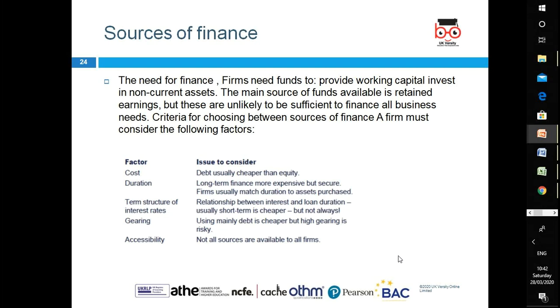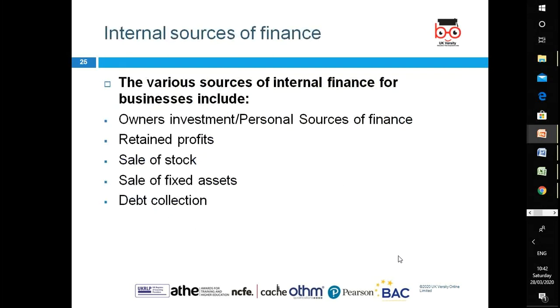So always we need to manage it. Accessibility, yes. So when we decide which source of finance to go for, we need to look at how long this money is required, how much it costs me, what interest rate I'm paying, what effect it will have on my ratios, and whether we have accessibility. All this we need to look around.